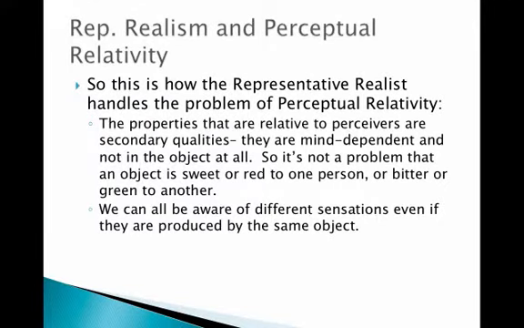So, this is how the representative realist handles the problem of perceptual relativity. The properties that are relative to perceivers are secondary qualities. They are mind-dependent and not in the object at all. So it's not a problem that an object is sweet or red to one person or bitter or green to another. We can all be aware of different sensations even if they are produced by the same object.